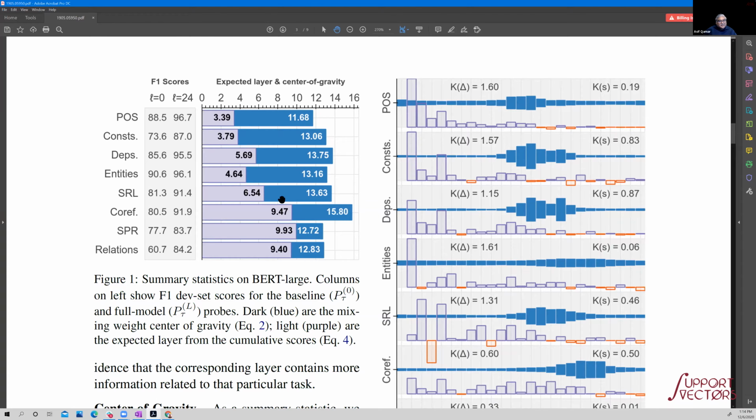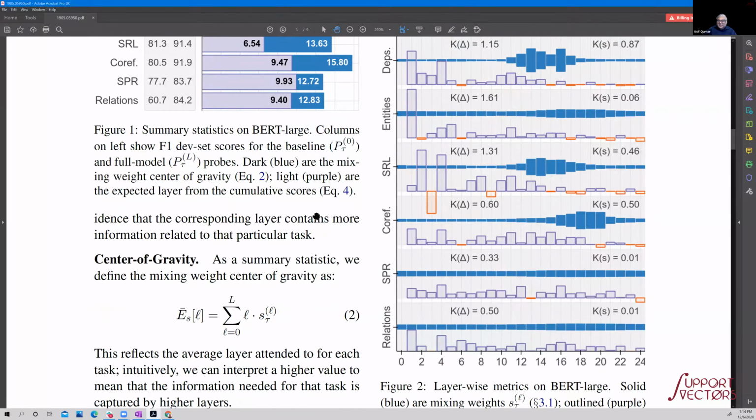The rest of these are semantic layers. They come distinctly after the syntactic layers. The first ones, positions, constituents, dependencies, and entities, are more like syntactic processing. And then come the semantic processing layers. So you see early signal of what is happening here. That's what they're trying to say.